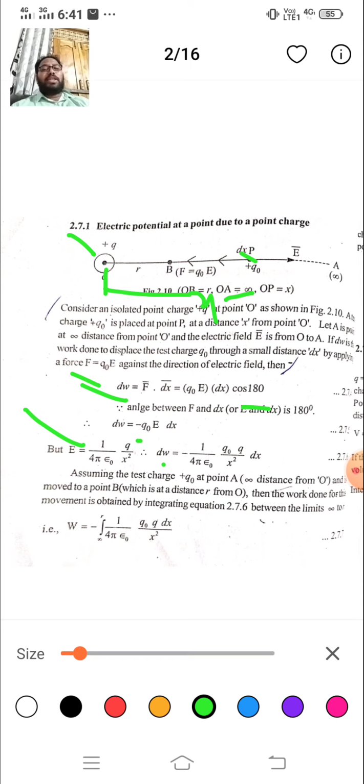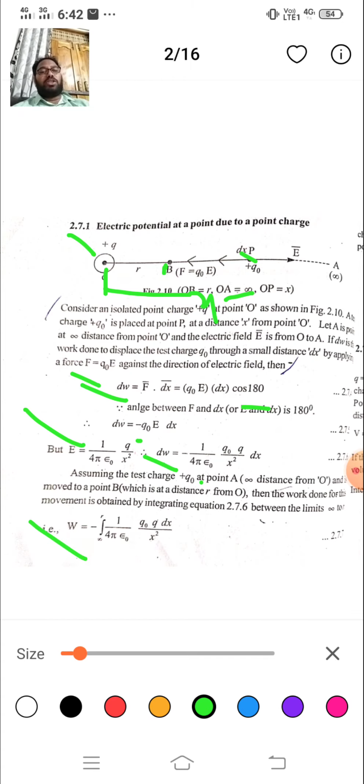Let us assume the test charge Q naught moves from a point A, at infinite distance from O, to a point B, at a distance r from O. The work done for this movement can be obtained by integrating the above equation of dW.